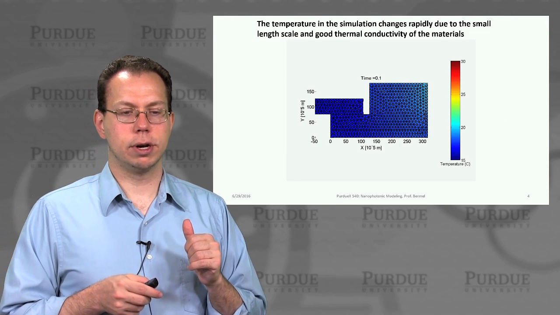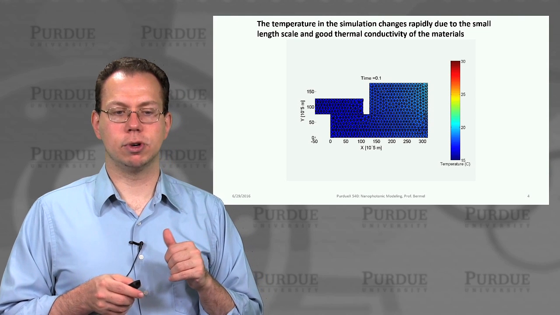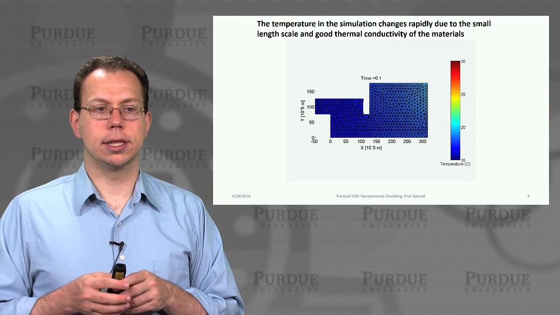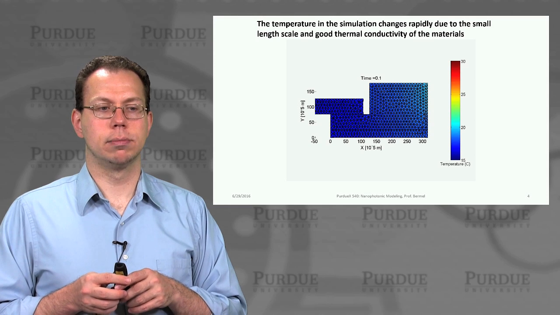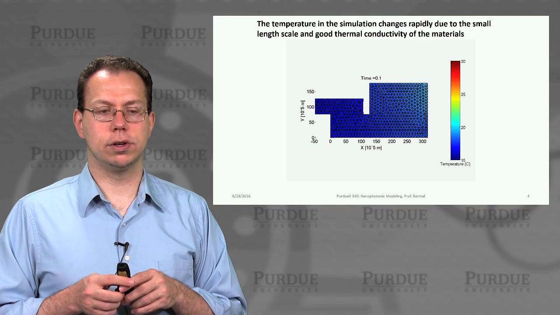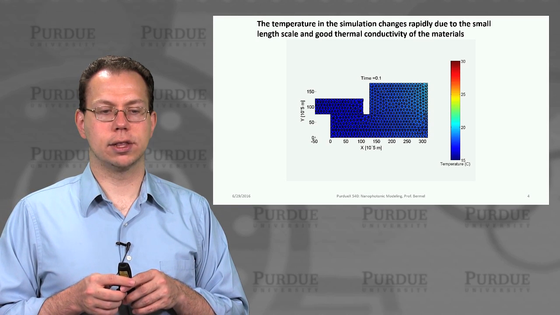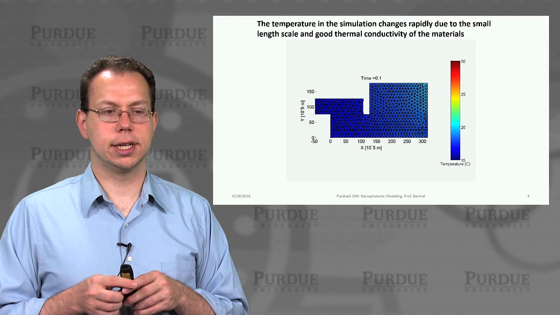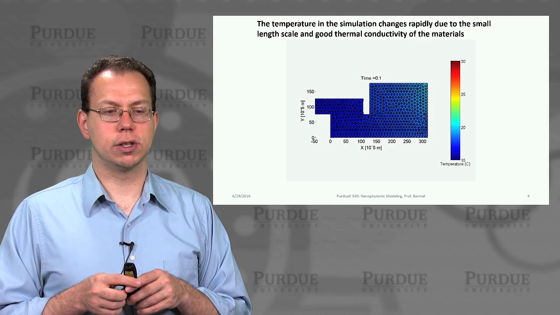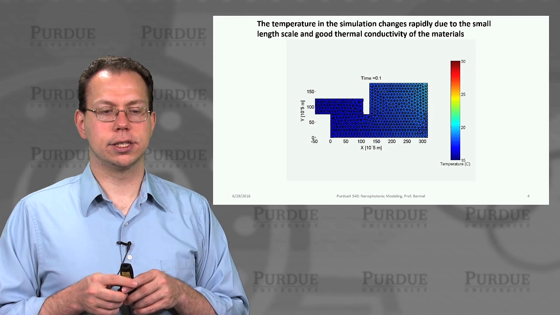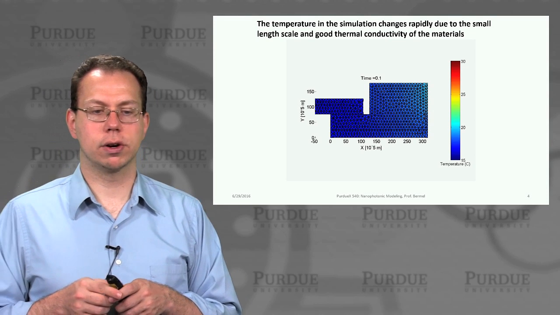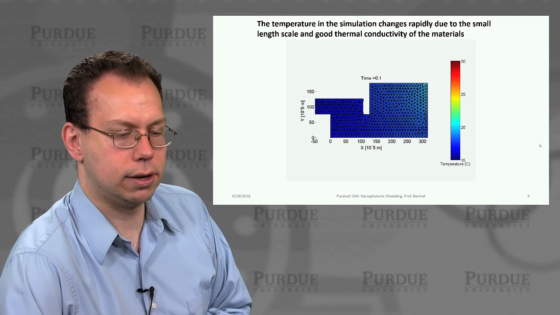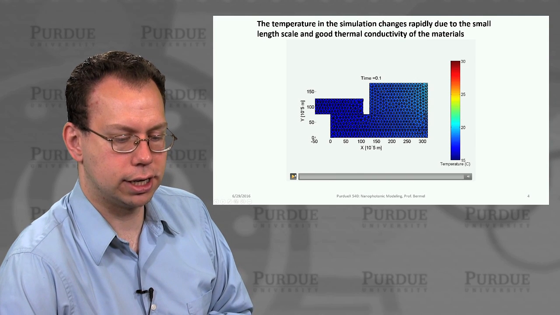And so what you see in this kind of simulation is that the temperature will change rapidly because this is not a huge system. You can see that it's on the order of maybe millimeters in size in both the X and Y directions. And so in the order of micro or milliseconds, you'll see rapid change in the temperature distribution.